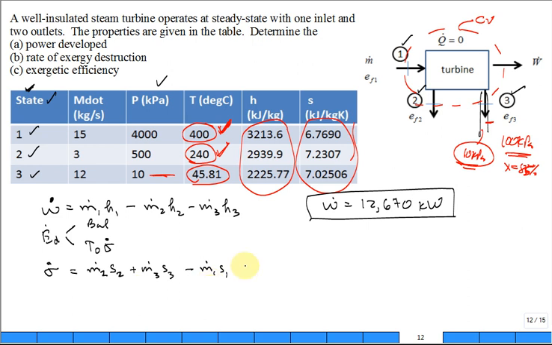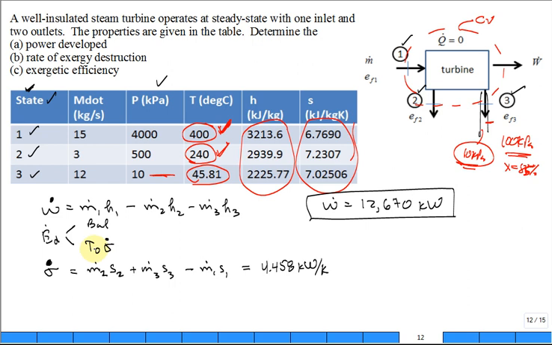If you calculate the sigma dot, the generation, you'll get 4.458 kilowatts per Kelvin. Is that the right units for sigma dot? Kilowatts per Kelvin? Sure. Then we multiply by T naught.